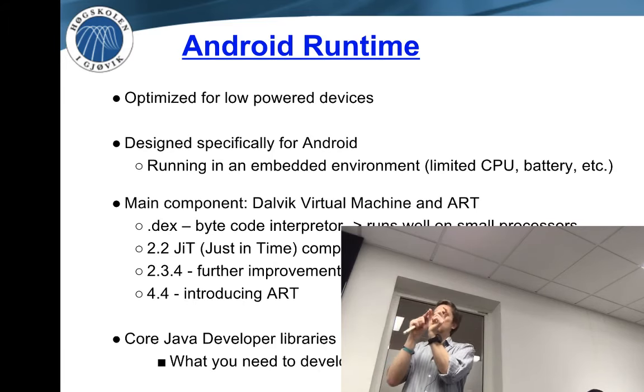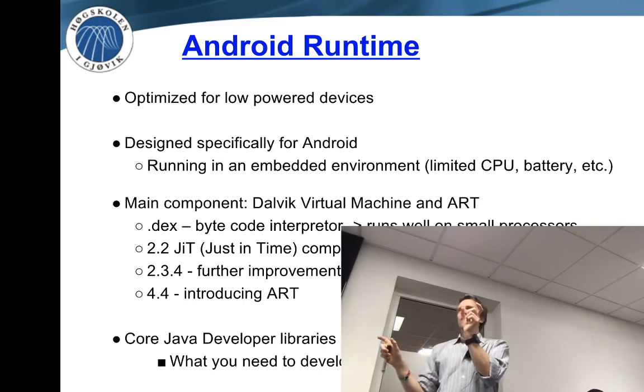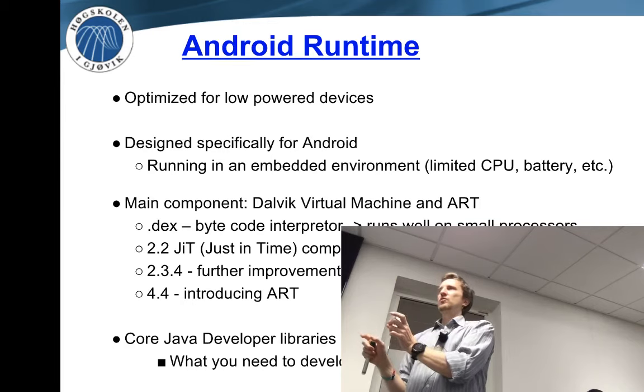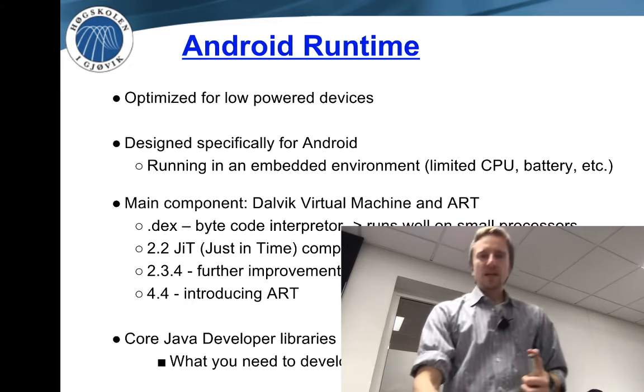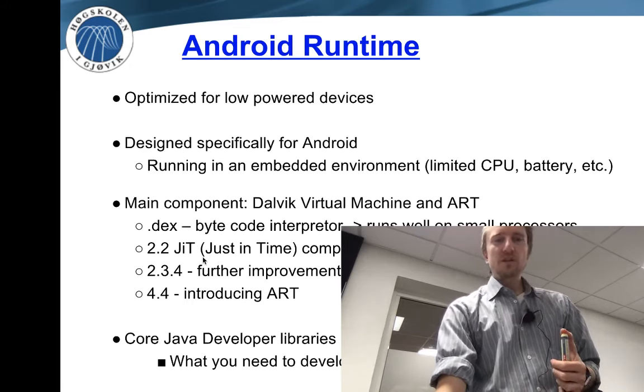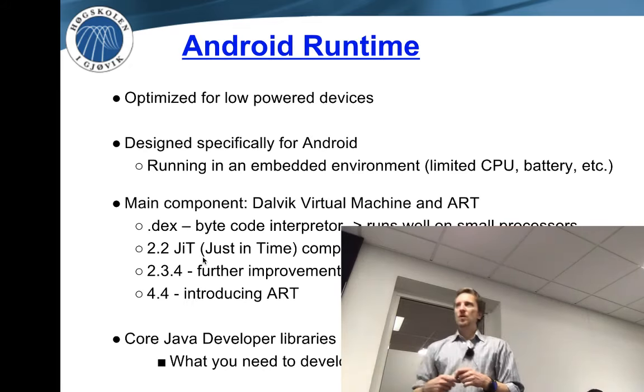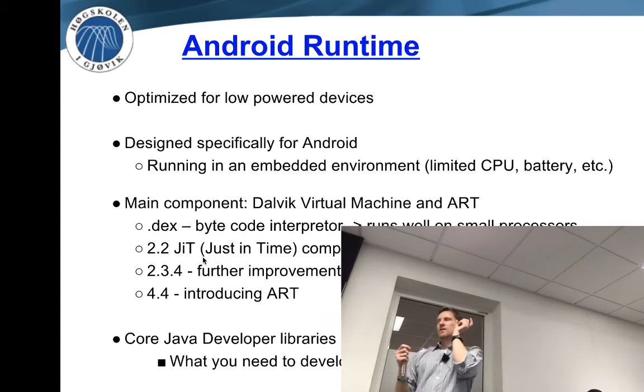And then you compile it to native code after you've done all those initial steps by the just-in-time compiler. They introduced the just-in-time compiler in version 2.2. Before that, all the code was interpreted based on the virtual instruction set which they had for the VM, right?